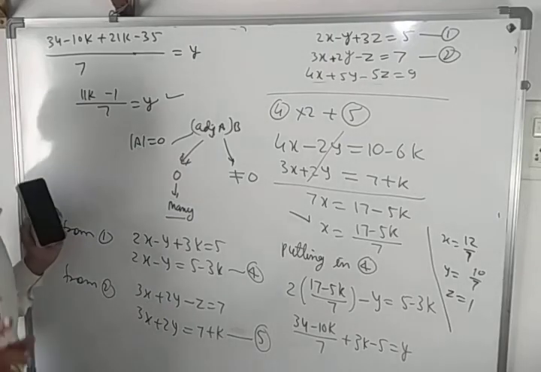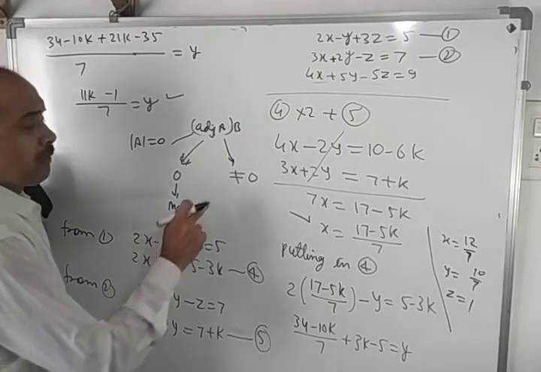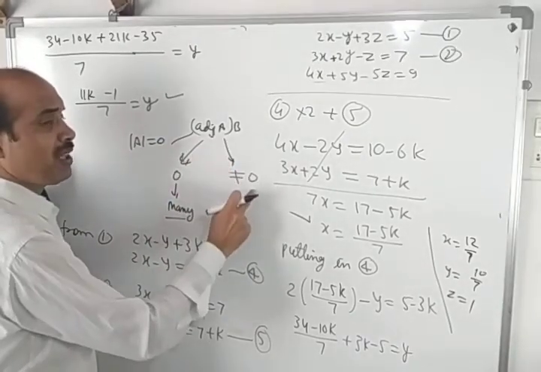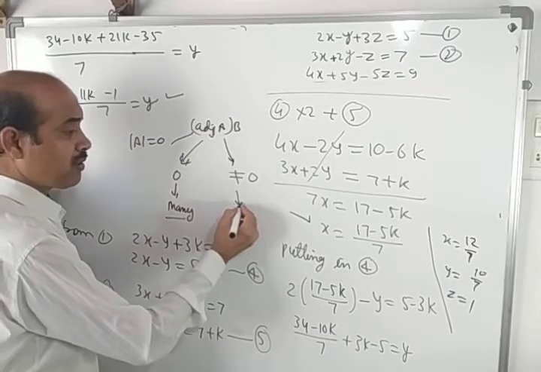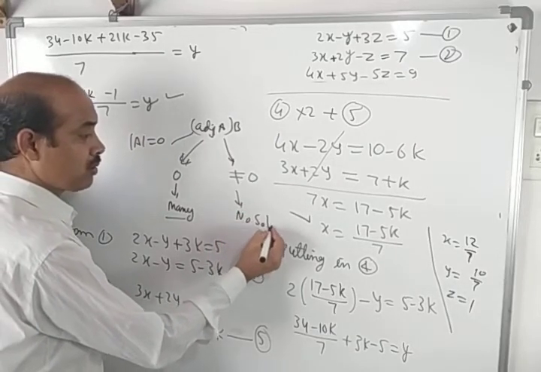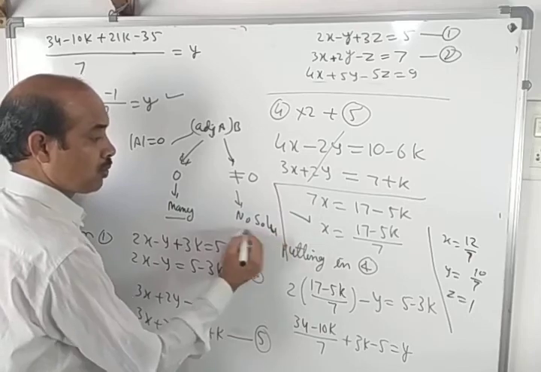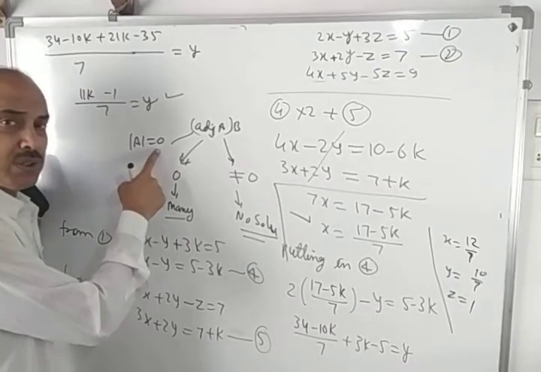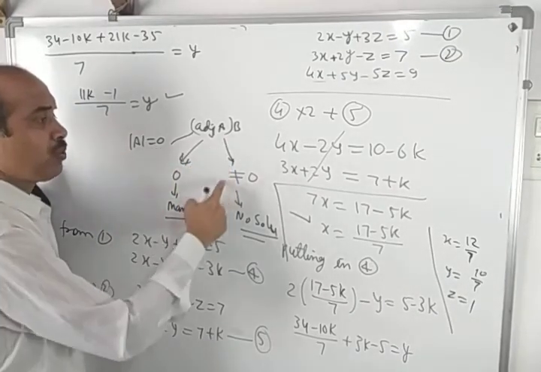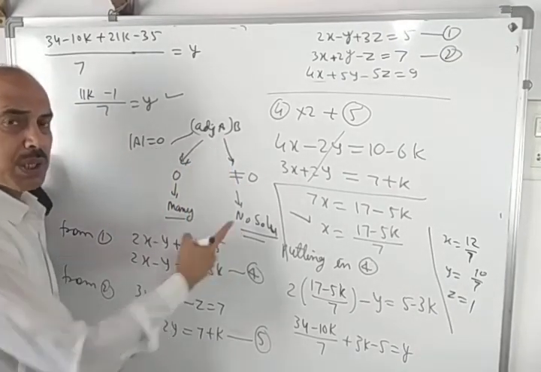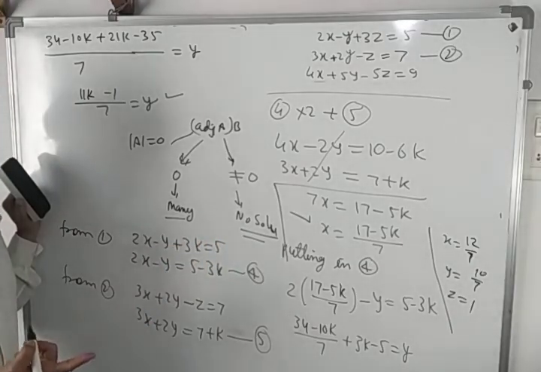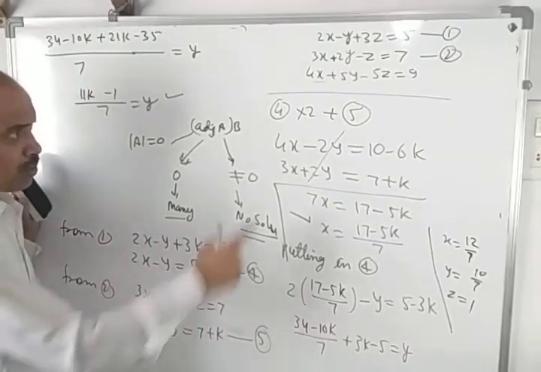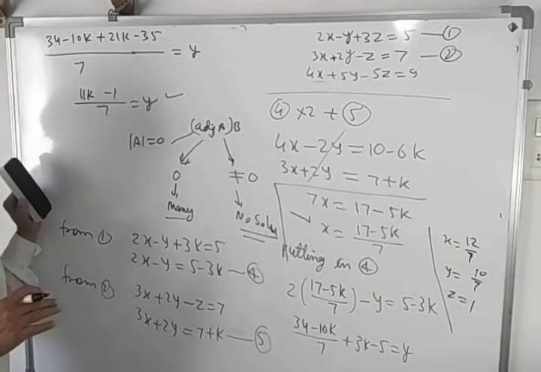In 4.6 question number 5 you can do, where adjoint of A into B will be non-zero. Non-zero means directly you will write no solution. No further calculation is required. Only see the determinant will be 0 as well as adjoint of A into B will be non-zero, so it will be no solution. Only in the case of many solutions we have to do this extra part which I have explained to you.